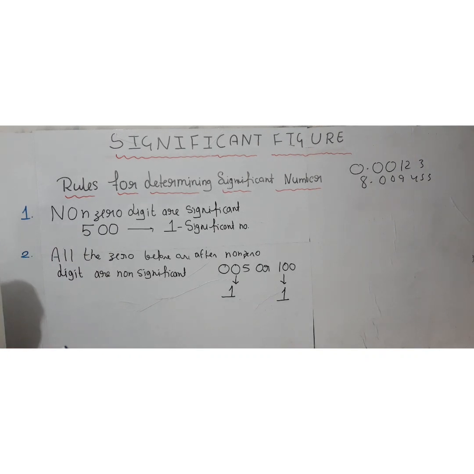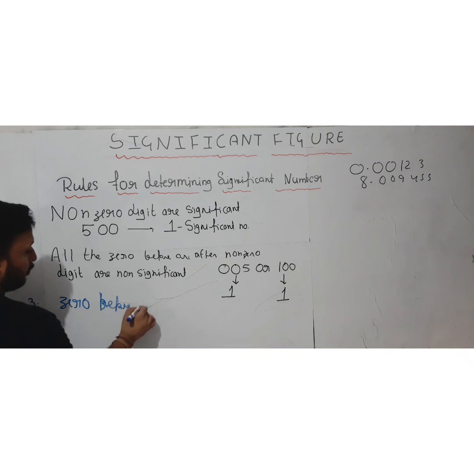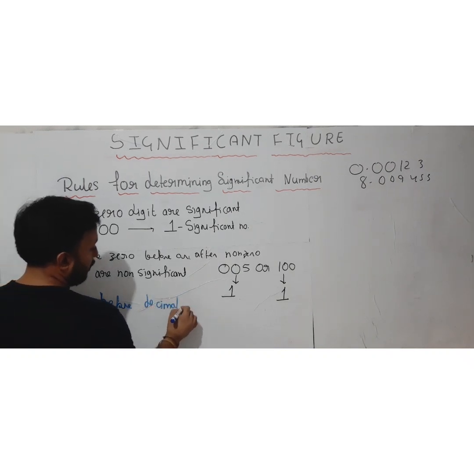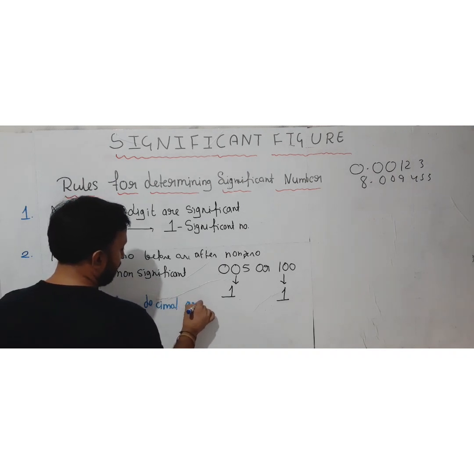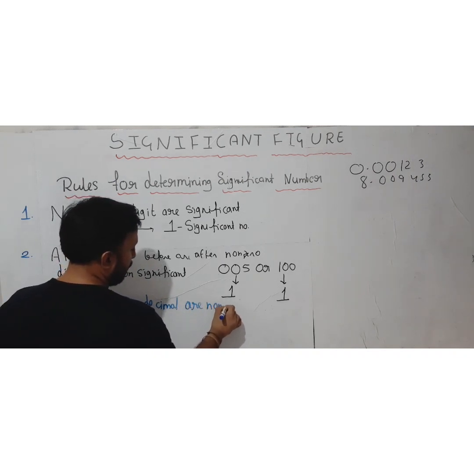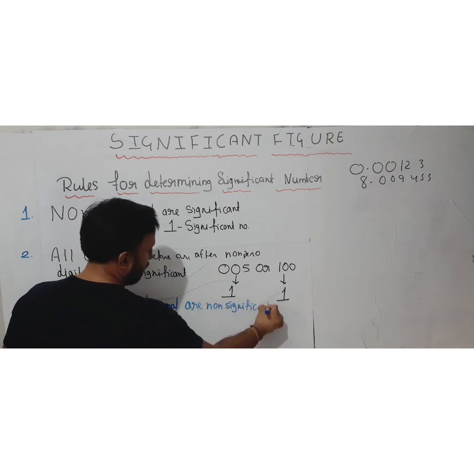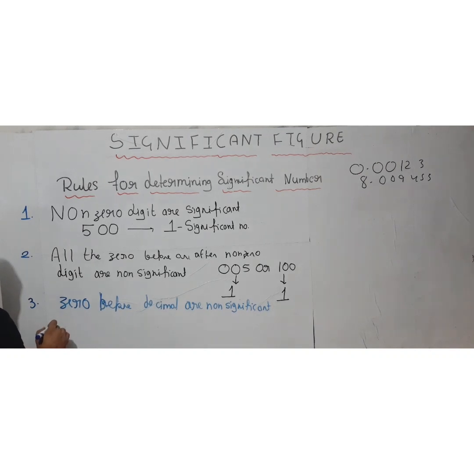Okay. Now the third rule is there. Zeros before decimals are non-significant. Okay, like I will give you an example.